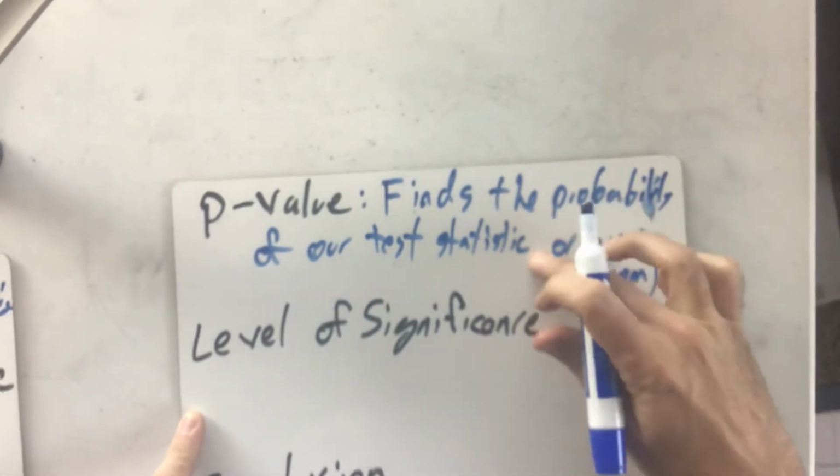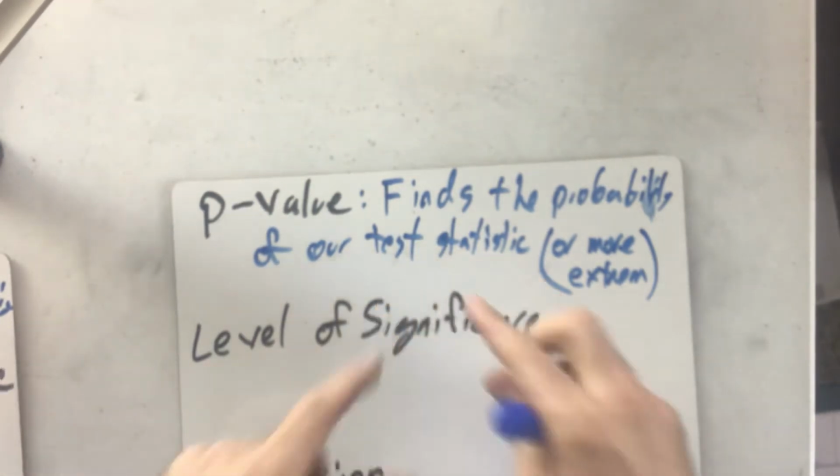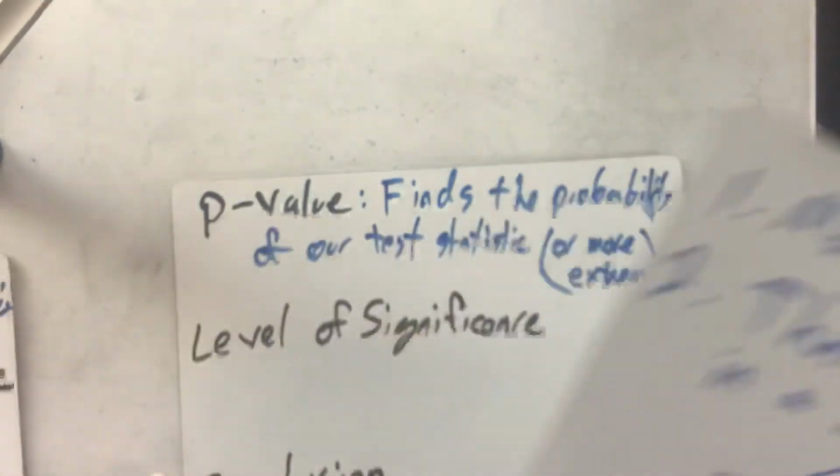Because technically, when we find probabilities, we don't find probability of a single value, we find a probability of a range of values. And so the p-value is looking at our test statistic and saying, how likely is this? How much could this have happened just by chance?